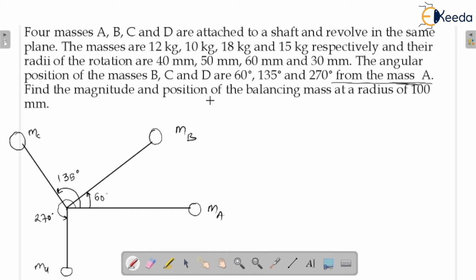Now what is being asked is the magnitude and the position of the balancing mass at a radius of 100 mm. That means the balancing mass radius is given, that is 100 mm, 0.1 meter. We need to calculate the balancing mass position as well as the magnitude. So we all know the procedure.